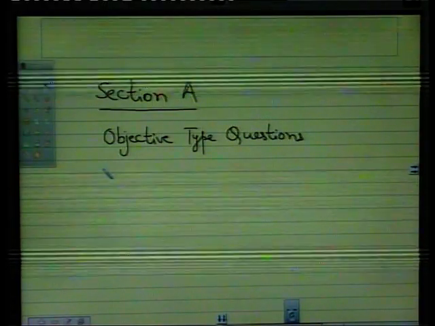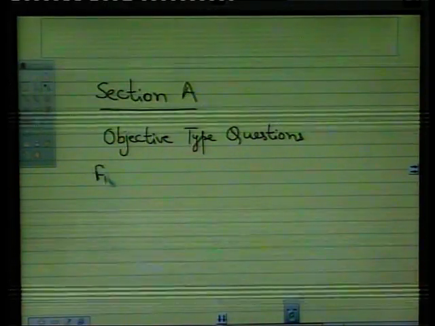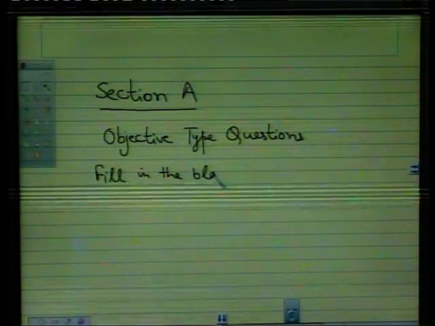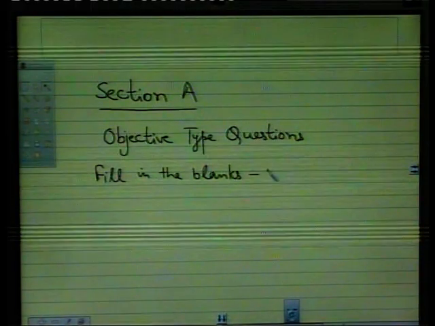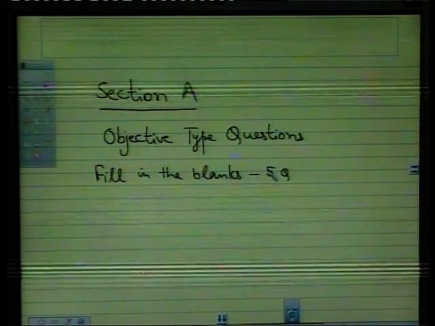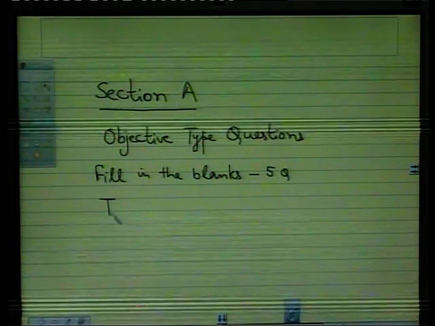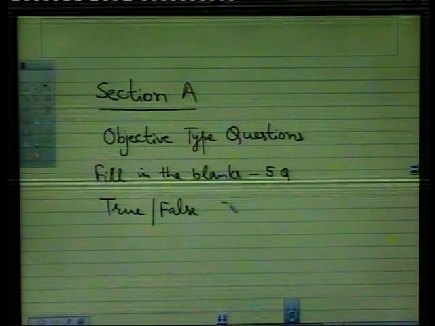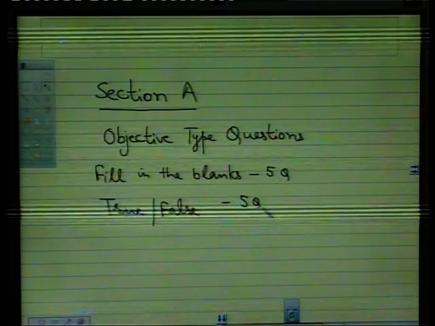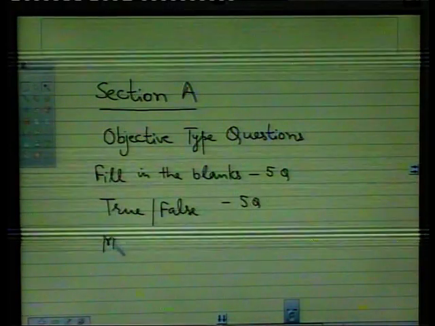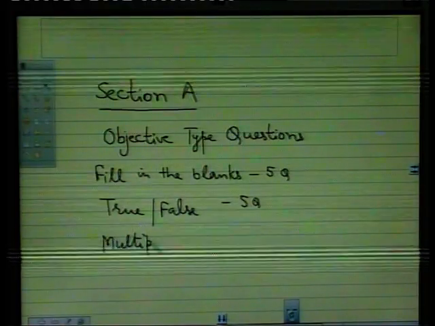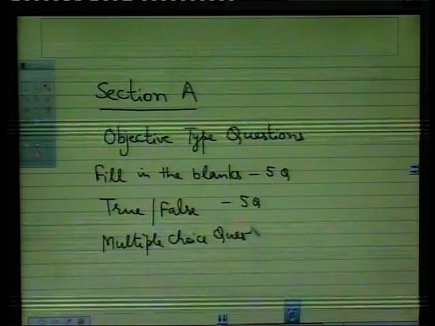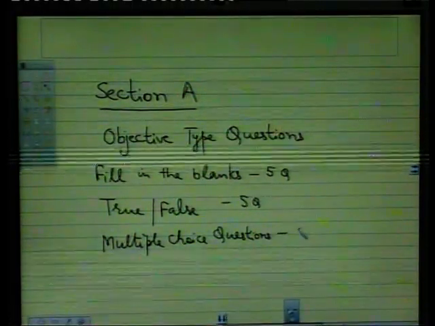There will be 5 questions on fill in the blanks, there will be 5 questions on true false, and there will be 5 questions on multiple choice type questions.